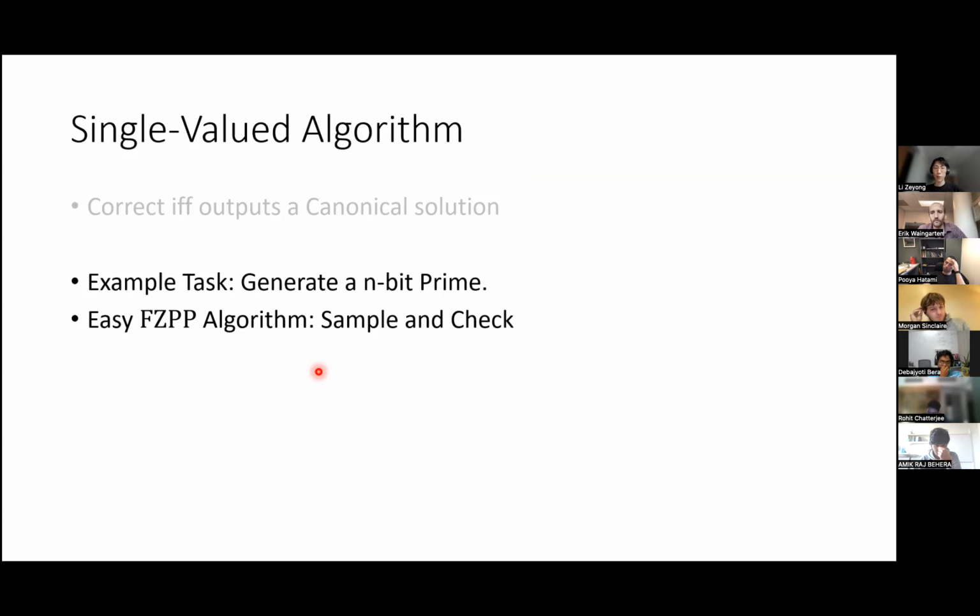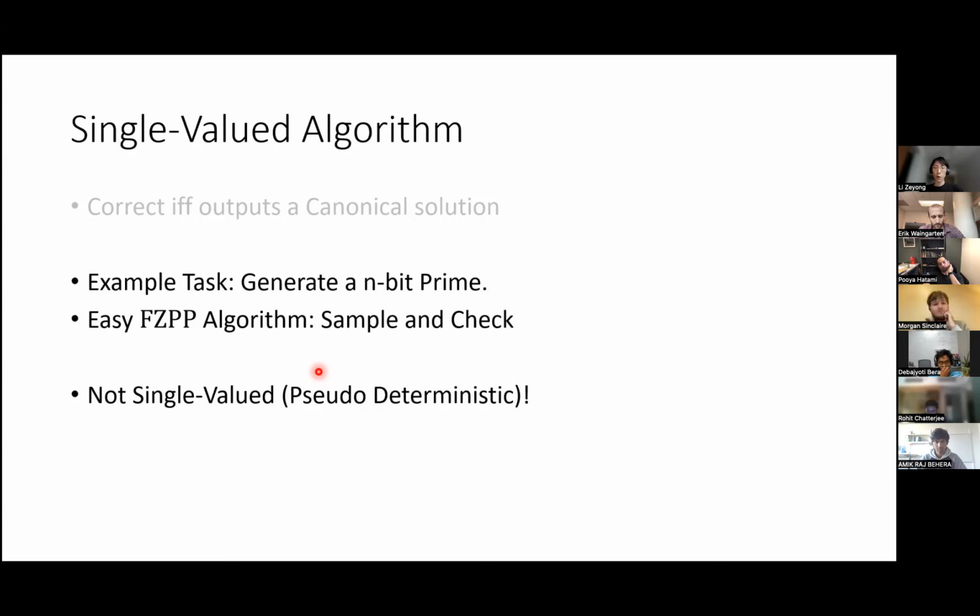So this is an algorithm for generating an n-bit prime number, but it's not single-valued, because each time you run the algorithm, you are using a fresh set of randomness, and the prime number that you generate at the end is going to be different almost always.